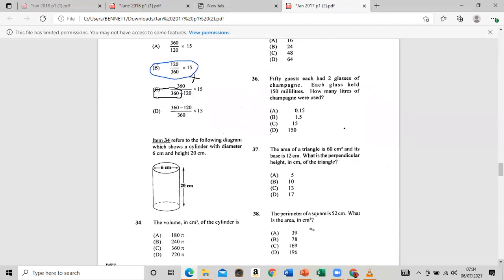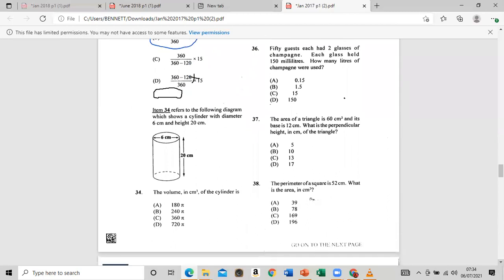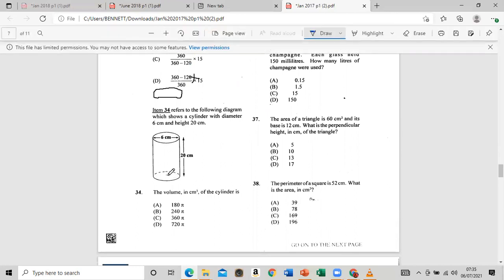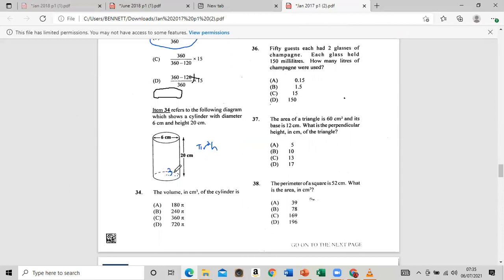All right. The volume in centimeter cube of the cylinder is, so we know that the radius would be half of the diameter. So half of 6 will be 3. So the volume is pi r square times the height, because the volume for any 3D shape is the area of the base times the height.